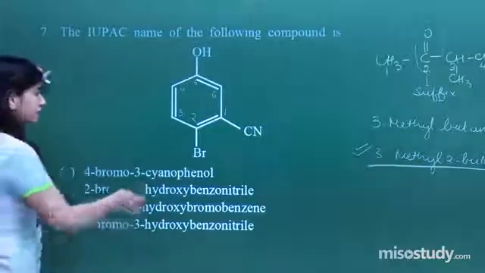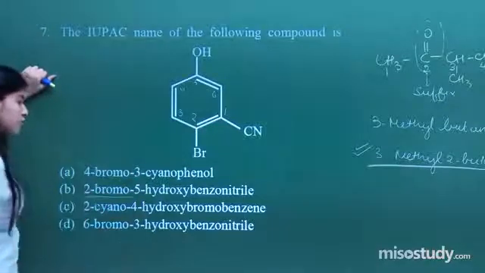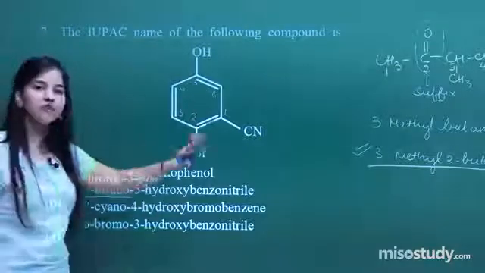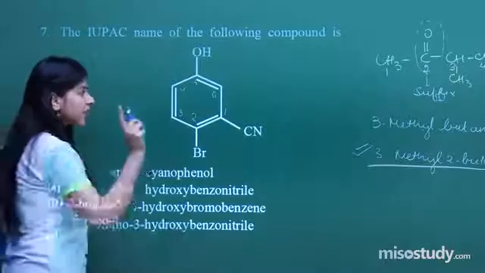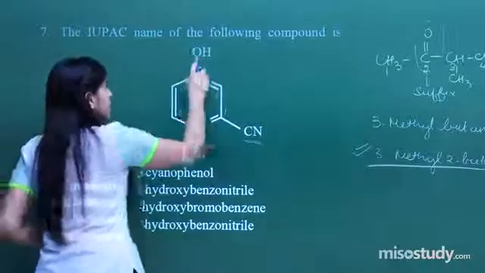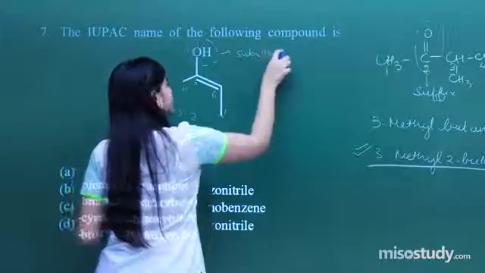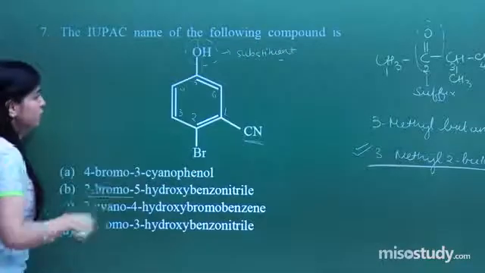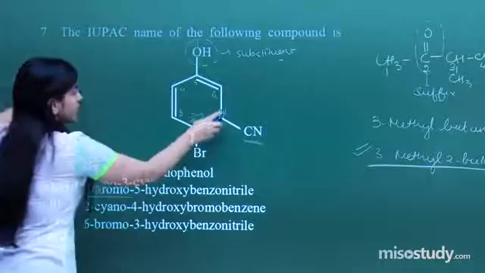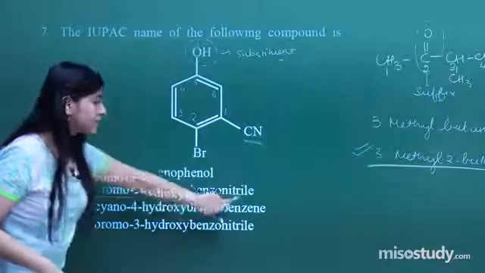So can you find anything related to 2-bromo? I've got 2-bromo here, and definitely 5-hydroxy. Here 2 kinds of functional groups are present, and I am assigning number 1 to the nitrile group. That means the hydroxy will definitely be treated as a substituent, so 5-hydroxy, and benzo, finally nitrile.